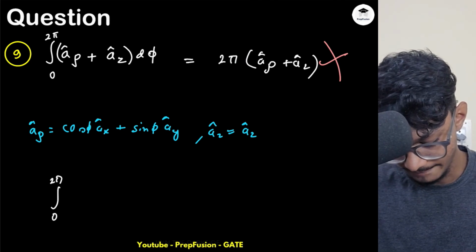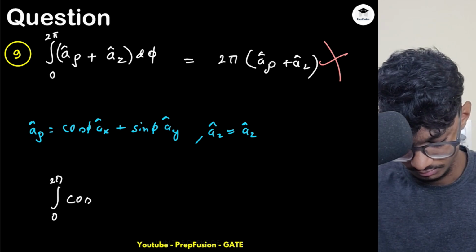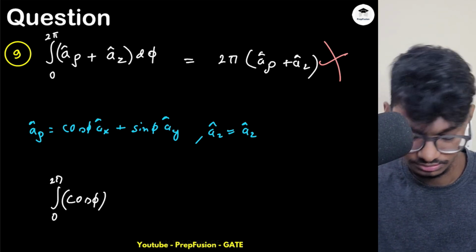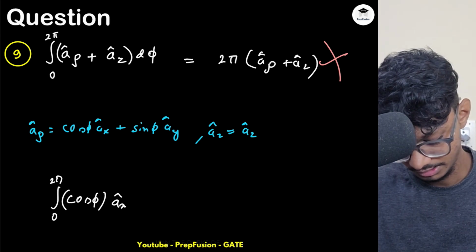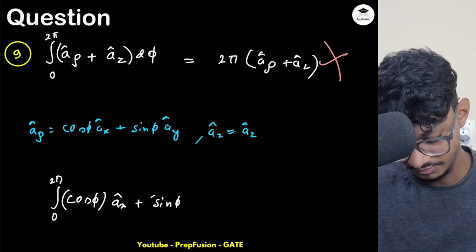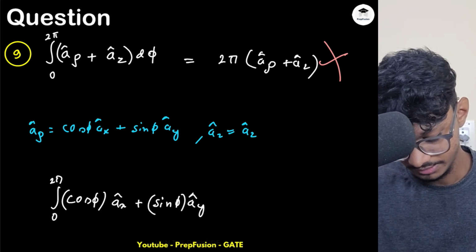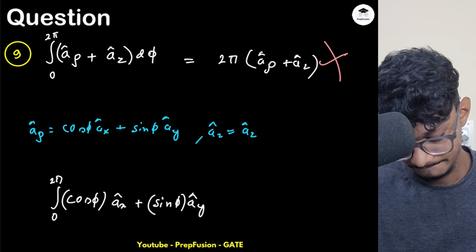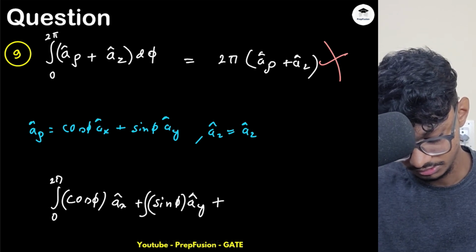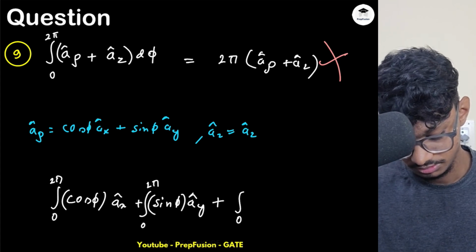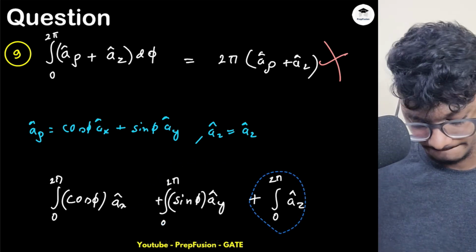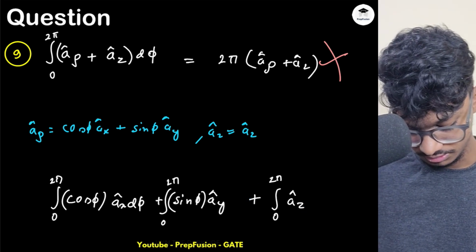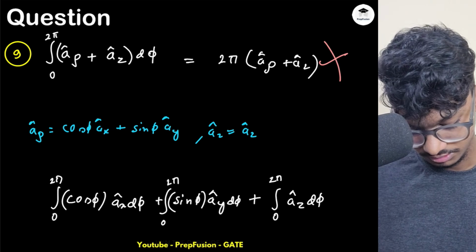This will be the integral from 0 to 2 pi of cos phi a_x cap plus sin phi a_y cap, plus the integral from 0 to 2 pi of a_z cap simply. And at the end obviously d phi is there, you cannot forget a d phi.